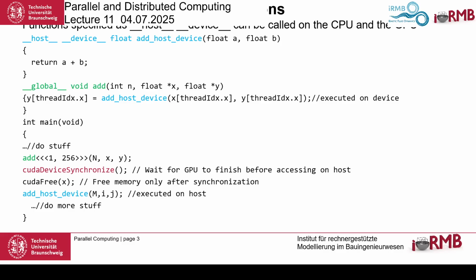So these functions are not blocking, at least this is what I believe. We can look this up later again. If they are not blocking, you may get into trouble that you start freeing memory before the job is done. This is why you should call cudaDeviceSynchronize.